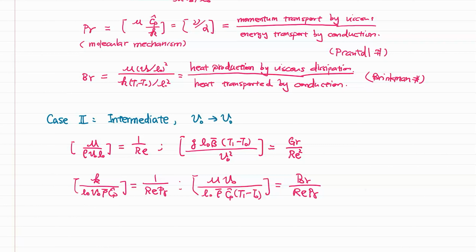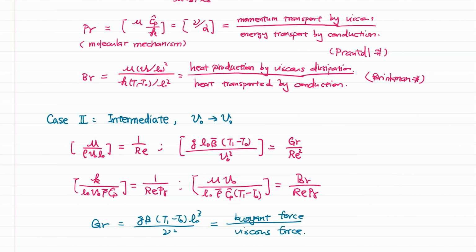The Grashof number is equal to g beta (T1 minus T naught) L naught cubed over the kinematic viscosity squared. So it's basically a measure between the buoyant force and the viscous force.